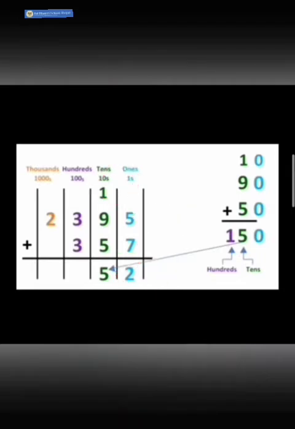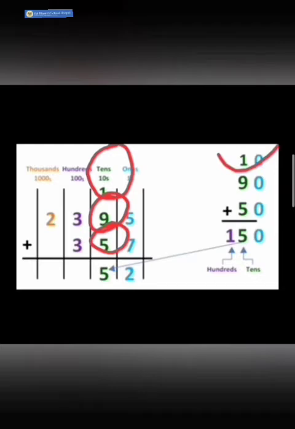Now with 1 carryover, as 1 is in the tens column, 9 is also in the tens column, 5 is also in the tens column. So let us call these numbers as 1 tens, 10, 9 tens, 90, 5 tens, 50.